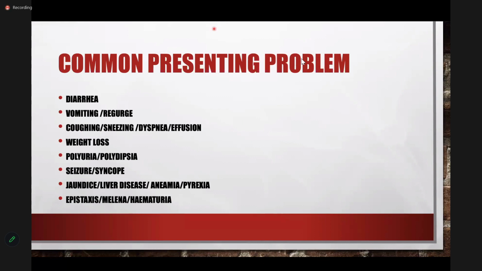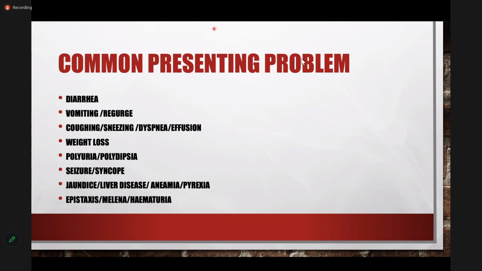Kailangan yung problemang nakikita mo. Huwag kang mag-iimbento ng problem. Huwag mong sasabihin na nagsusuka, don't say it's vomiting kung ang problema pala ng pusa is regurgitation. Magkaiba 'yon. It's two different things. So you need to be very precise when you describe the problem.